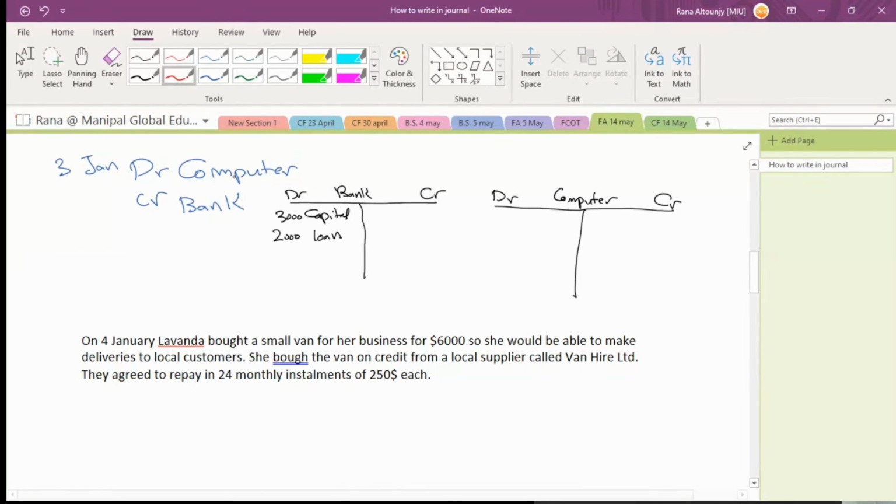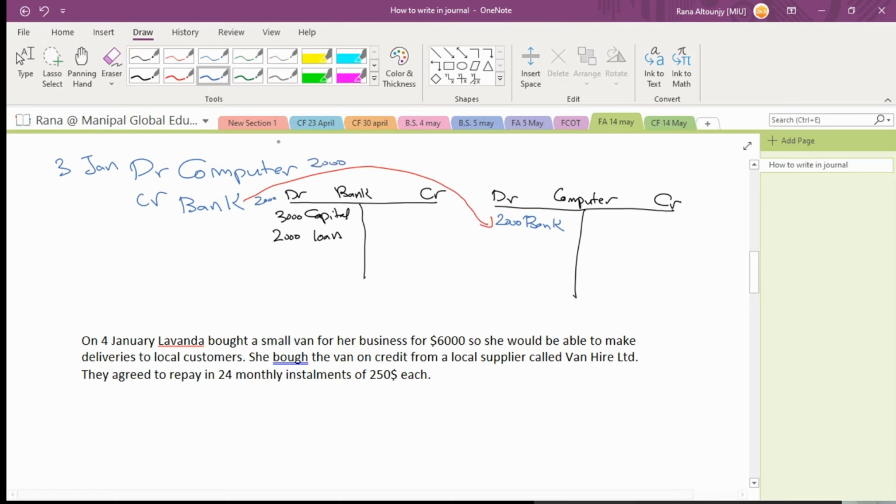If you see, the computer is debit side, so it means we have to write in the debit side of the computer. We transfer the other side of the transaction, which is, we write here the bank. Our amount here is 2,000. Don't forget to write the amount of this transaction.